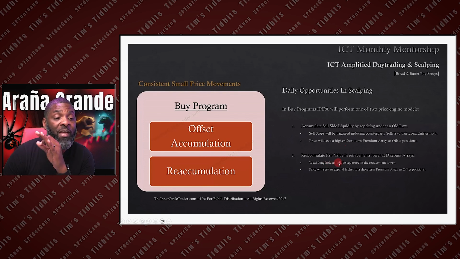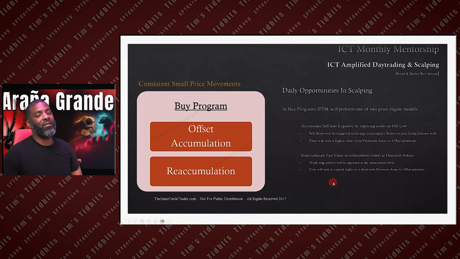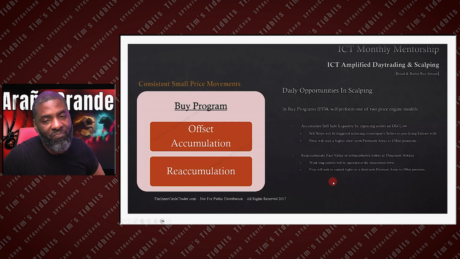Reaccumulate fair value in retracements lower at discount arrays. Weak long holders will be squeezed in this retrace lower, right? Price will seek to expand higher to a short-term premium array to offset positions. Whoo, that's a whole mouthful. You're probably looking like, what did Tim just read?